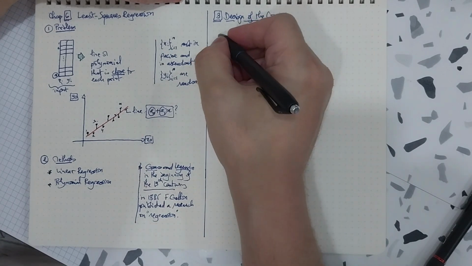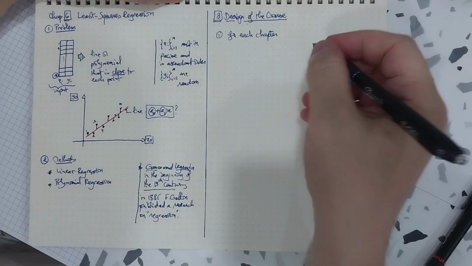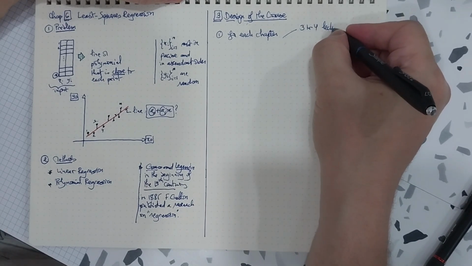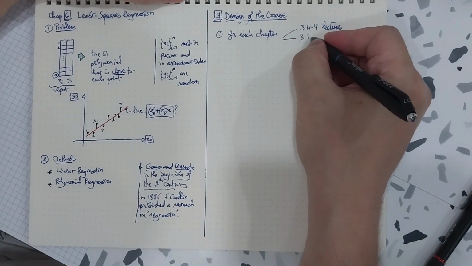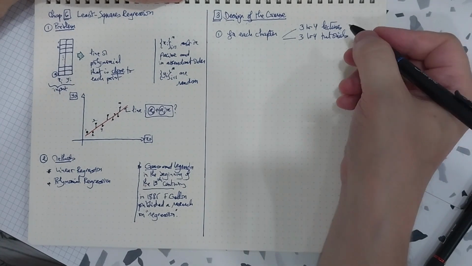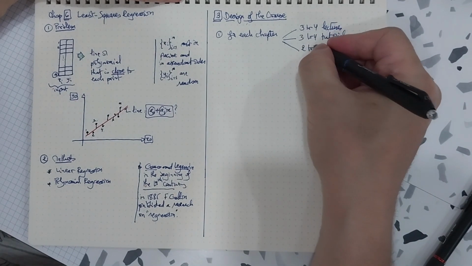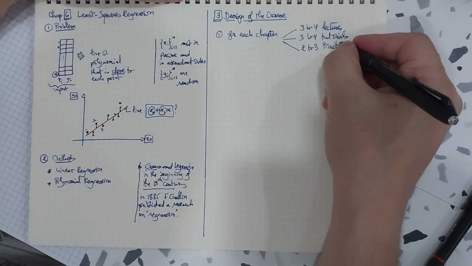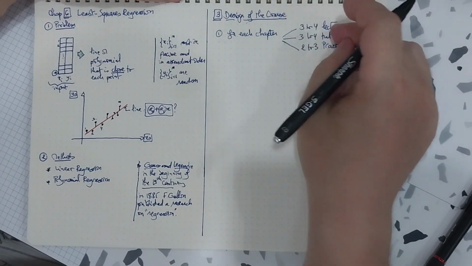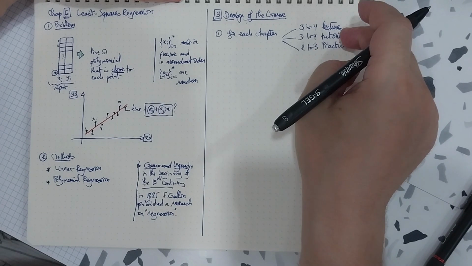For each chapter, there will be 3 to 4 lectures and 3 to 4 tutorials where we do exercises with a pen and calculator, you need a calculator, and 2 or 3 practicals where we learn how to implement the algorithms or the methods we have studied in lectures and practiced in tutorials.